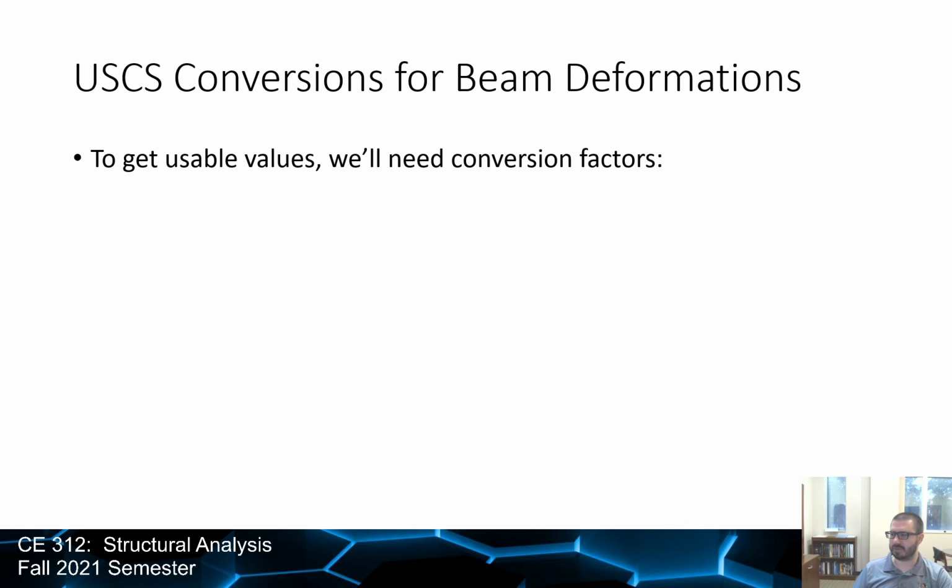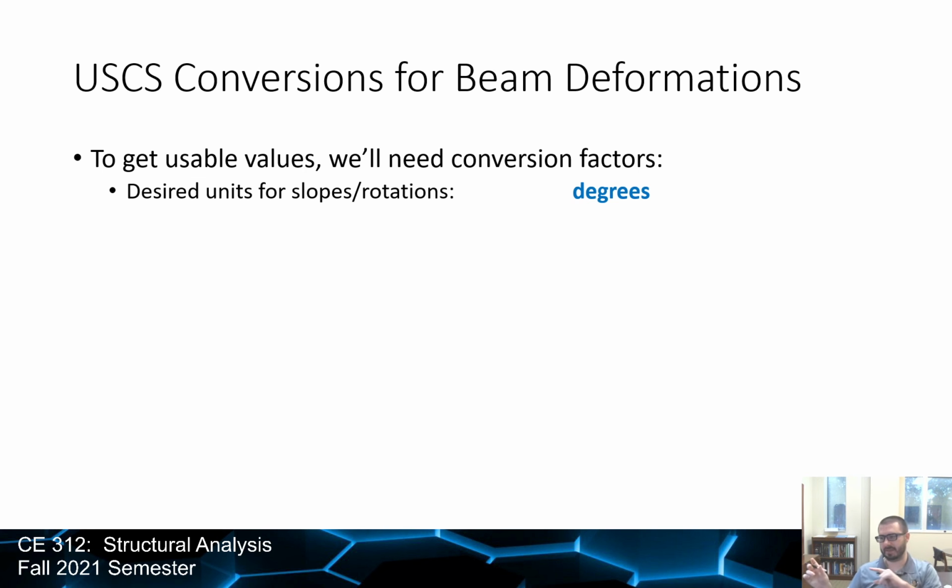So for slopes and rotations, there are differences in the school of thought on this. Some folks think that slopes and rotations should be in radians. I don't. I tend to think that slopes and rotations should be in degrees, because when you actually look at some of the problems that we assess, the radian values can be really, really tiny.